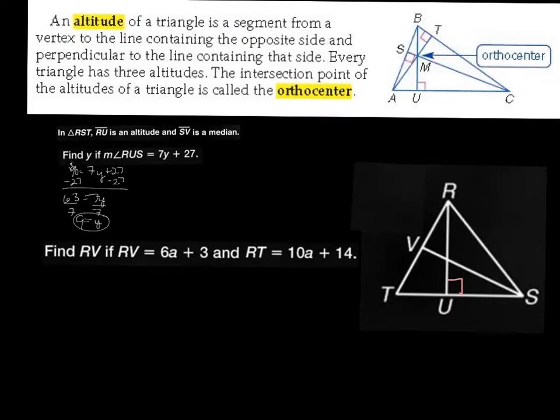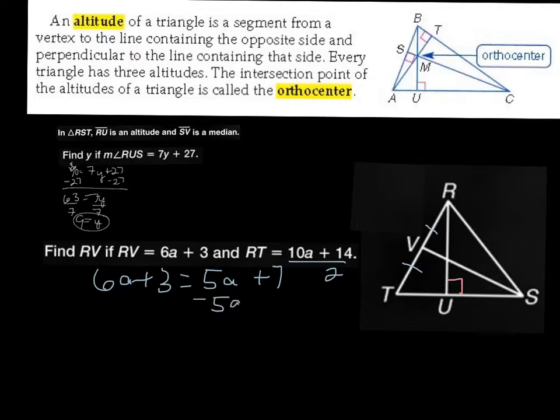Okay, in the directions it also said that SV was a median, so that means that V is the midpoint of RT. And they said find RV if RV equals 6a plus 3 and RT, the whole thing, equals 10a plus 14. So I could have 6a plus 3 equal to half of that, so that would be 5a plus 7.